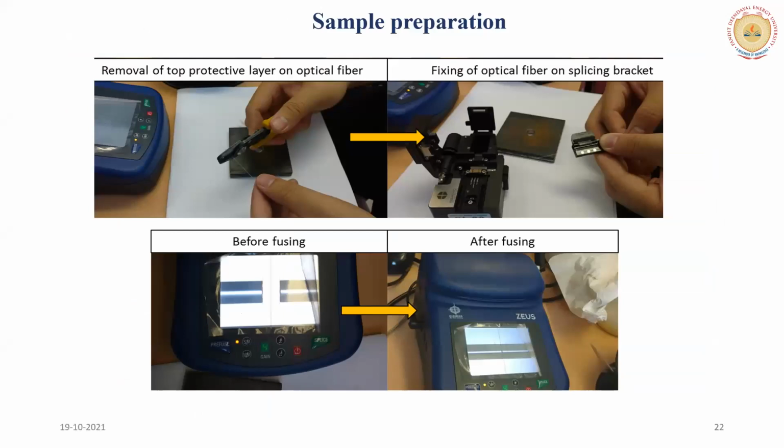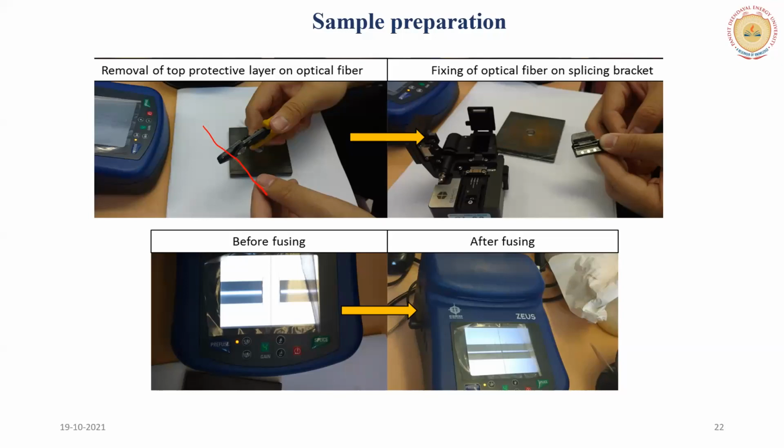Now, to do the specimen preparation, first of all, what we do is that whenever there is a glass fiber, so here you can see this glass fiber, right? This is the glass fiber. We remove the top coating of it because we want to connect this optical fiber, which is passing through our specimen, to our data acquisition system.